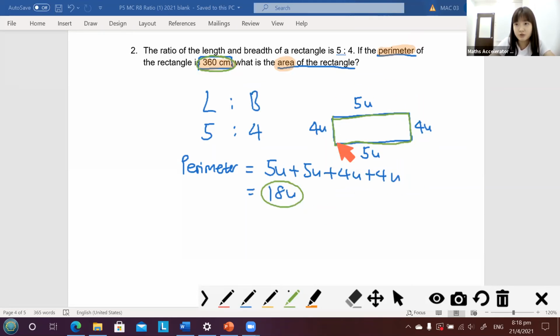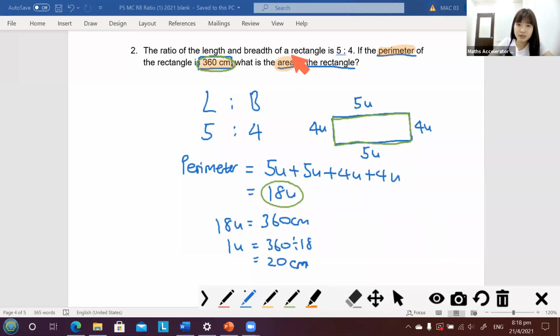So this 18 units will represent 360. So let's find 1 unit. Can you type in your calculator? How do you find 1 unit? Yes, 360 divided by 18, which will get you 20, yes, 20 cm.